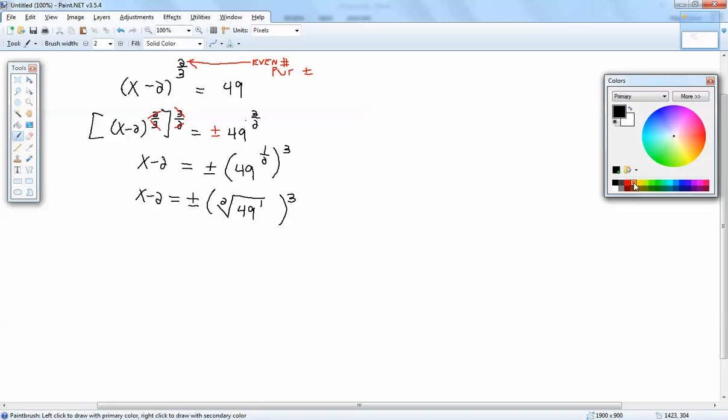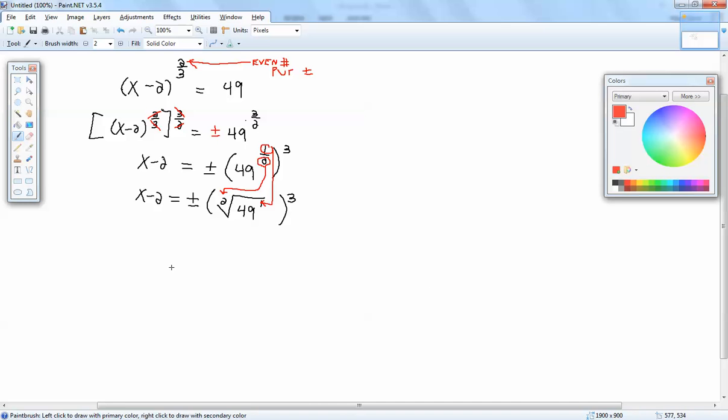Now how I do that is whatever number's up on top here, this 1, that's going to come right here and be your power. Whatever number's in your denominator right here, that's going to come and be in this slot. That's called your index.